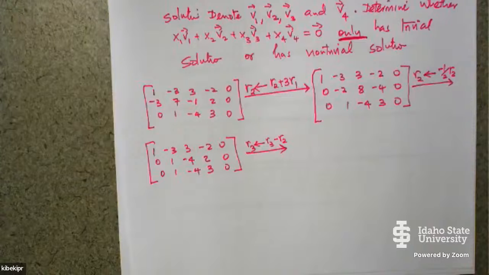So basically, here, our new R2 will now be our R2, which is this one, plus now we start manipulating the R1, which is multiplied by 3. So R2 should be R2. Look at this again, R2 again R2. And then here, R3 also R3.